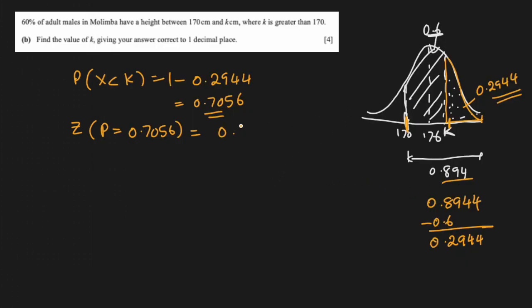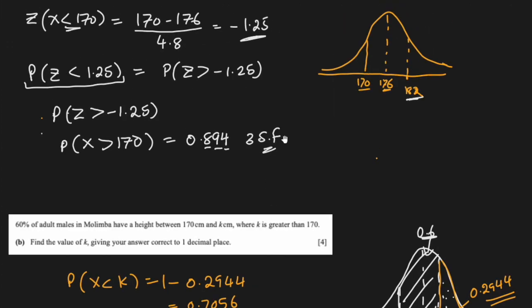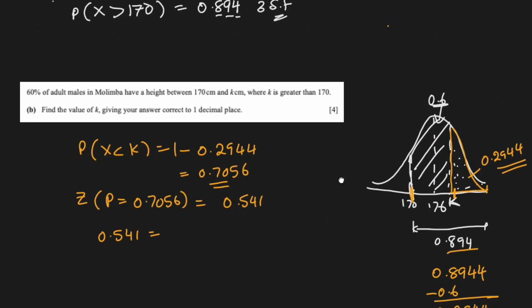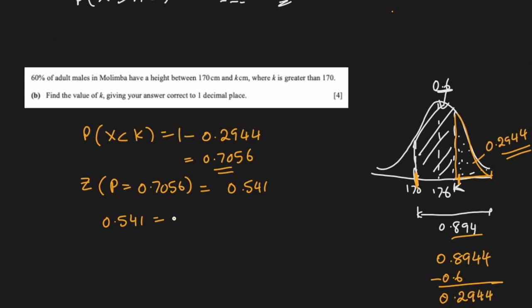So 0.541 is the z-score. This z-score 0.541 will be used with the formula for z-score which we used here: the value minus the mean divided by standard deviation. So this is what I can do here. Value we don't know, it is k, minus mean we know, 176, divided by 4.8.